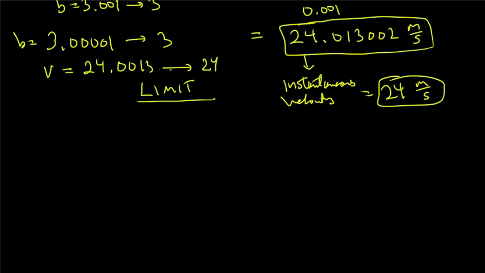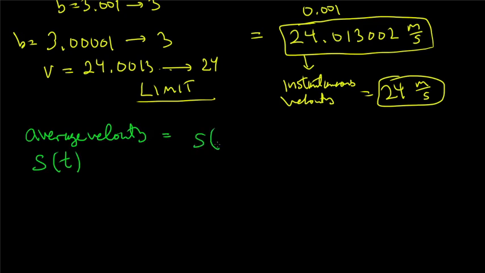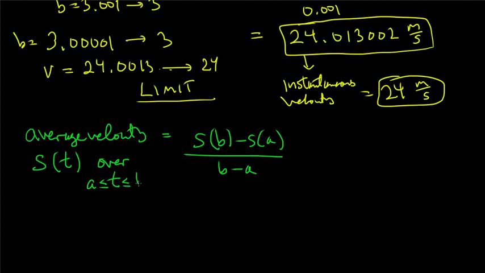And so to make this a little more formal, we have the average velocity. We know the formula for that. Given the position function s of t, the average velocity is s of b minus s of a divided by b minus a. So this is the average velocity over the interval between t equals a and t equals b. Use either notation.